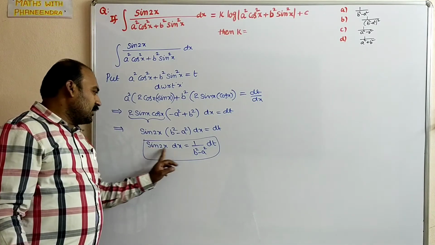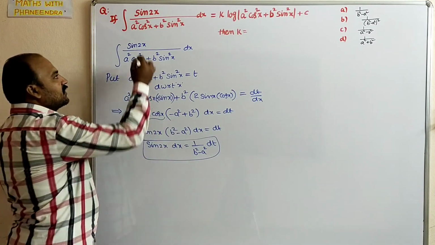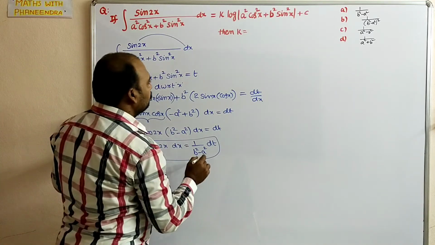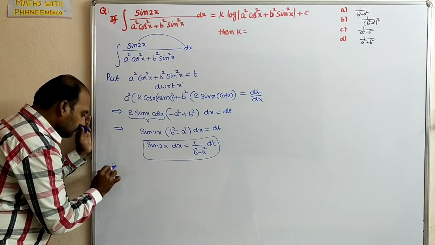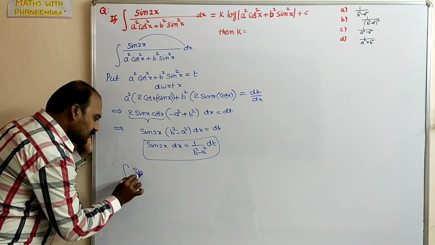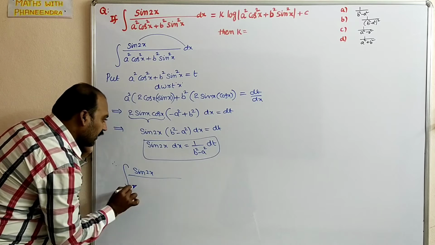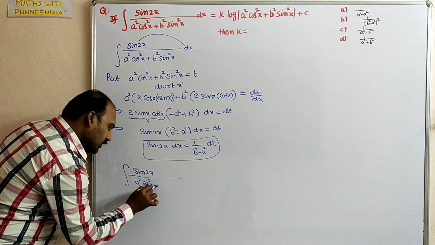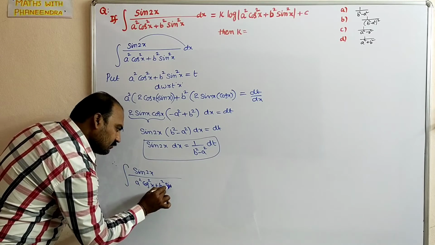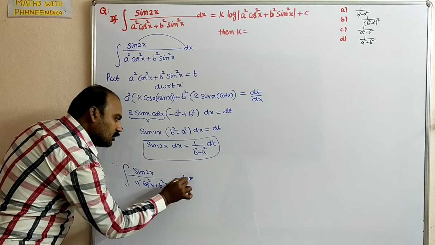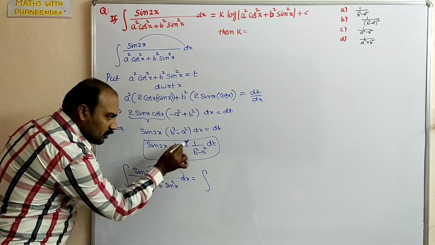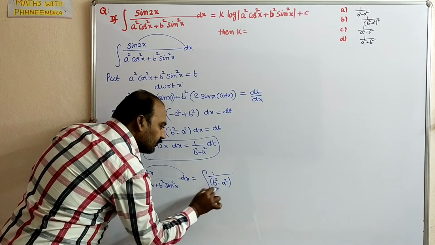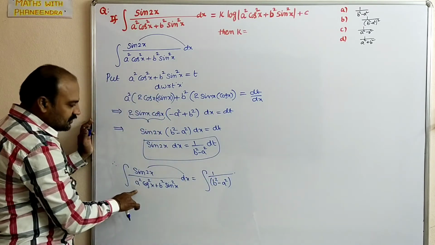Now in place of sin 2x dx in the given integral, you have to replace with this value. Therefore, integral sin 2x divided by a square cos square x plus b square sin square x into dx is equal to 1 by b square minus a square into dt, and this denominator value is t, we assumed that.